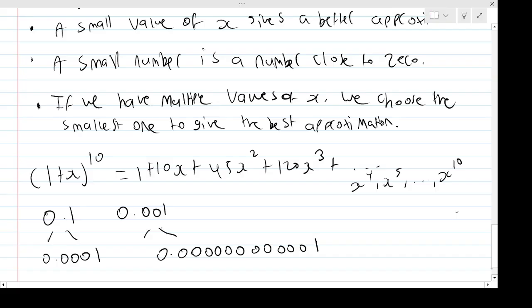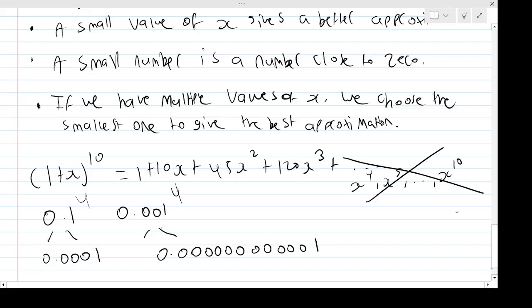Which means if we needed to cut off all the extra terms after x cubed, well, as I said, x to the 4, or 0.01 to the 4, again, that's basically 0 here, right? There are so many zeros. And then imagine if you raise it to the power 5, that's going to be even more zeros. Basically, the higher powers of x, for a small value of x like 0.001 here, will basically go to 0 and contribute nothing, and will not affect the answer.